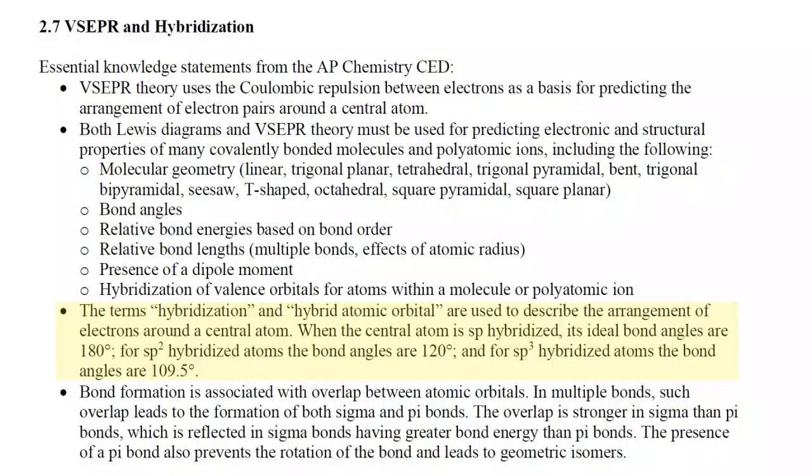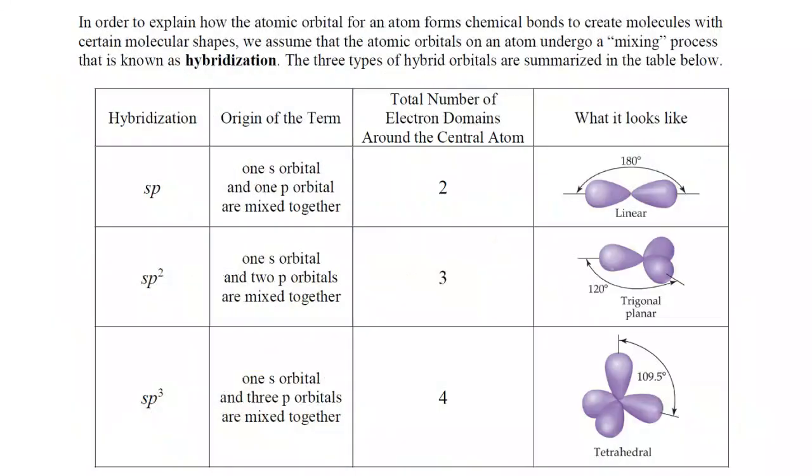sp2, or sp3. So I'm going to show you some things that I had mentioned in my earlier video for topic 2.7. These hybridization values of sp, sp2, and sp3 have to do with the number of electron domains. So 2 electron domains, sp hybridization; 3 electron domains, sp2 hybridization; or 4 electron domains, sp3.